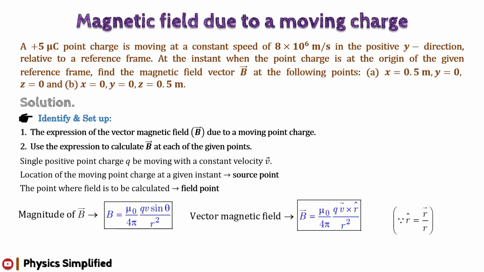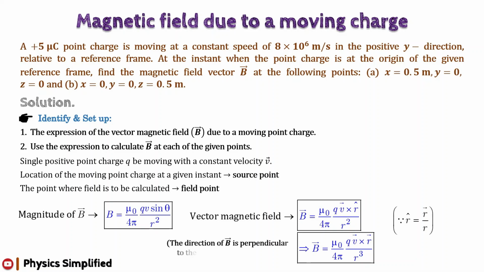So, the above equation becomes vector B equals μ0 by 4π times q vector v cross vector r divided by r cubed. The direction of the magnetic field is perpendicular to the plane containing the vector r and vector v. Now, we will use this equation to calculate vector B at each given point.